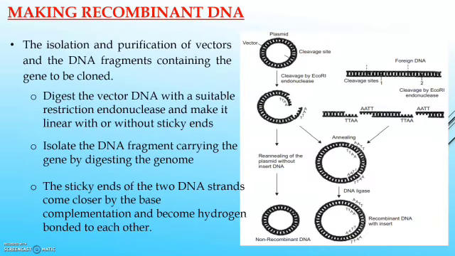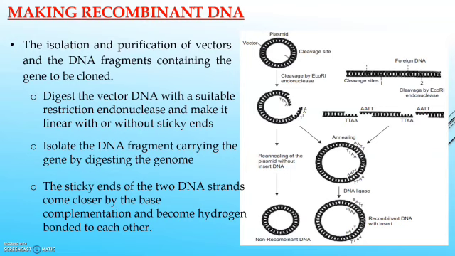And the main process of making the recombinant DNA, the first step in the construction of a recombinant DNA, is isolation and purification of the vectors and the DNA fragments containing the gene to be cloned. There are a number of standardized procedures for isolation of plasmid and DNA fragments containing the gene.